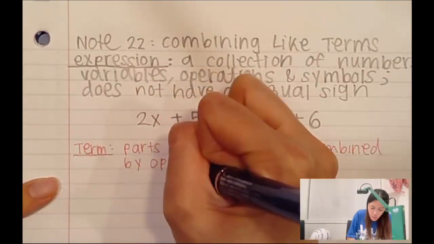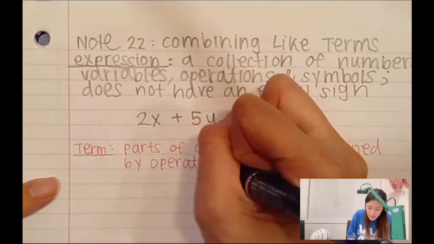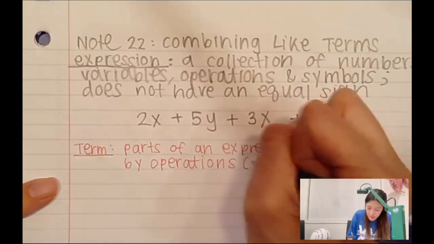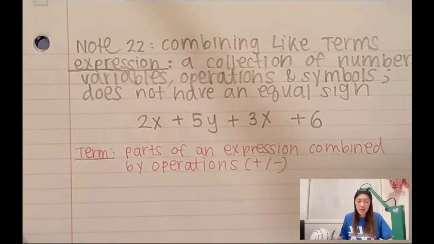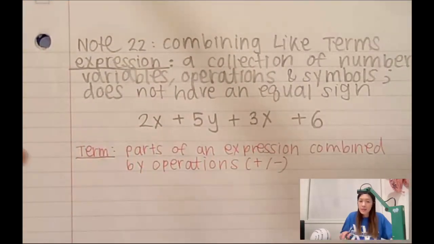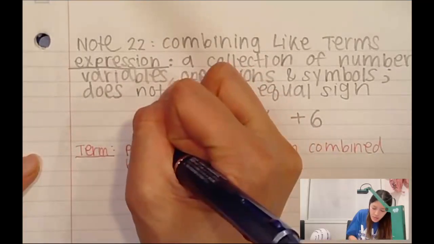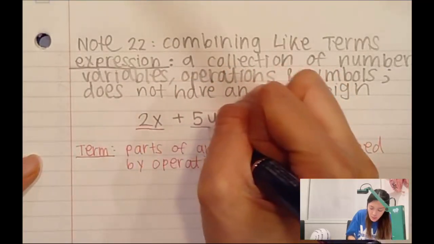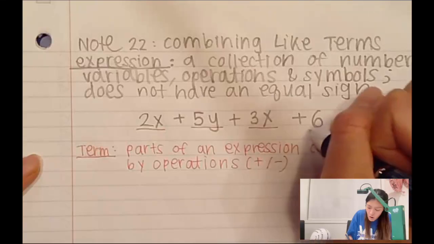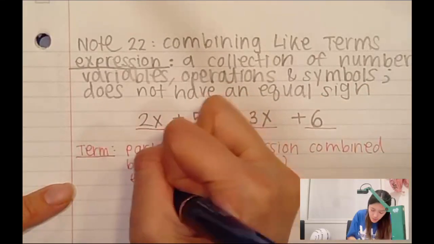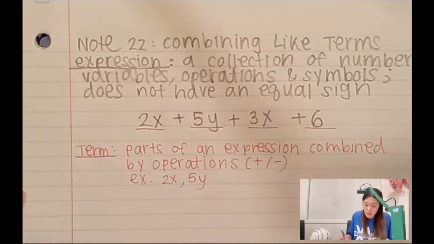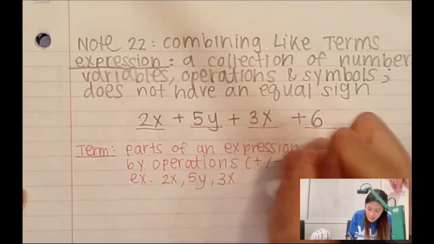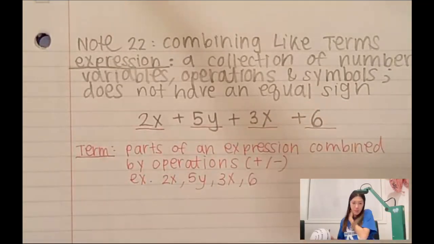And when I say operations, I mean your plus and minus, so plus or minus signs. If we take a look at this expression, I'm going to underline all of my terms. So for example, 2x is a term, 5y is a term, 3x is a term, and 6 is a term.